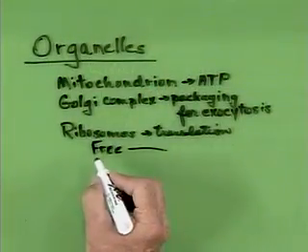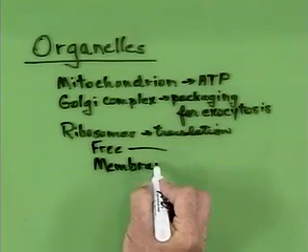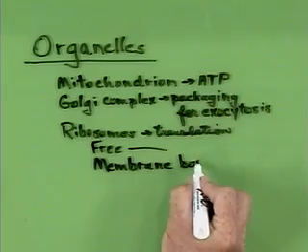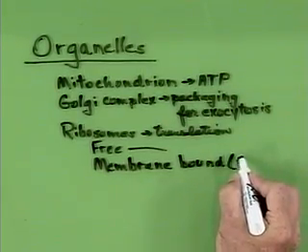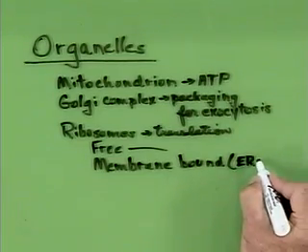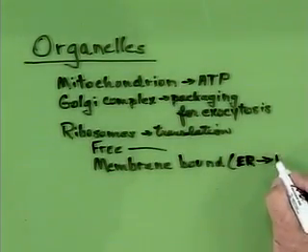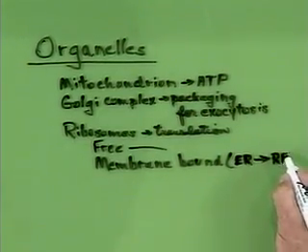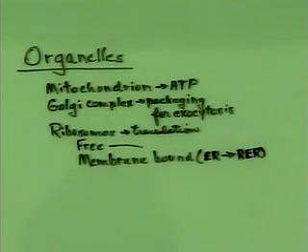So we often talk about free ribosomes, if they're just floating freely in the cytoplasm, or we talk about membrane-bound ribosomes. And those are hooked onto the endoplasmic reticulum. Matter of fact, when they're present on that endoplasmic reticulum, we call it rough endoplasmic reticulum, often abbreviated RER. Okay?